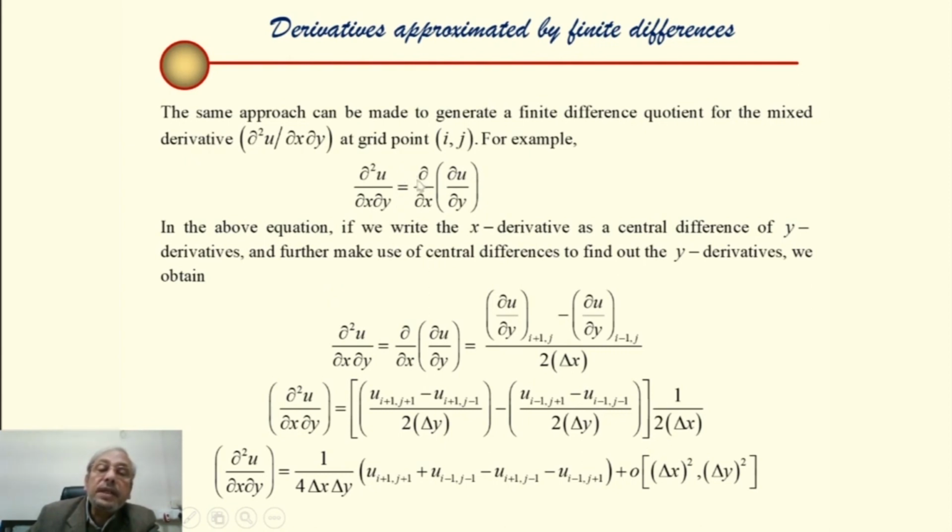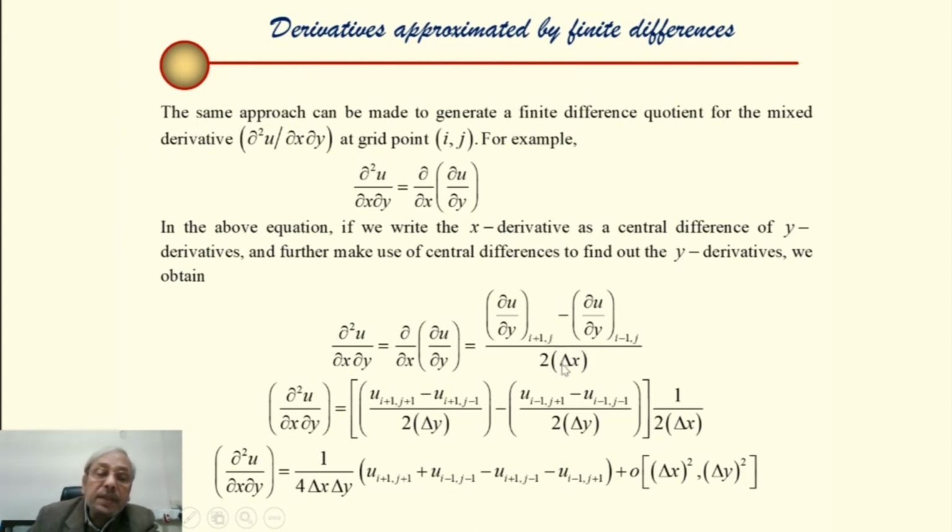For del 2u del x del y, we can write del x of del u del y. Del u del y at the point i plus 1 minus del u del y at the point i minus 1, that is, del u del y at i+1,j minus del u del y at i-1,j, divided by twice delta x.